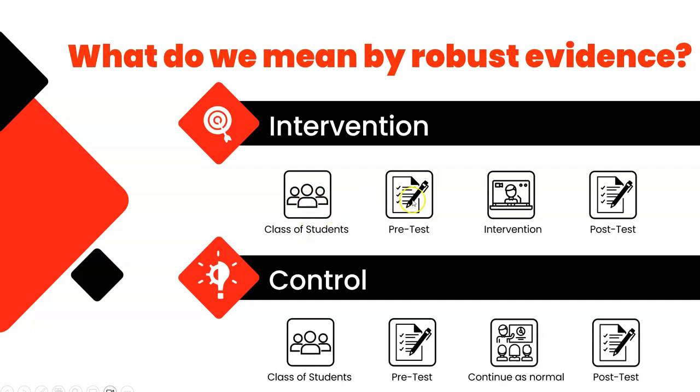Both classes would complete the pre-assessment, and then one is the intervention, one is the control. The intervention group then completes that intervention, the control continues as normal, and then both classes do the post-assessment. At the end of this, if it's proved to be successful, then the control group will receive that intervention moving forward. So it allows you to actually find out if something works in your school.